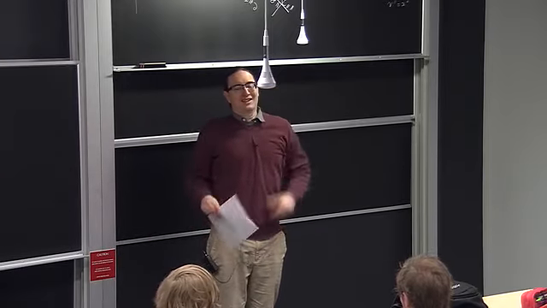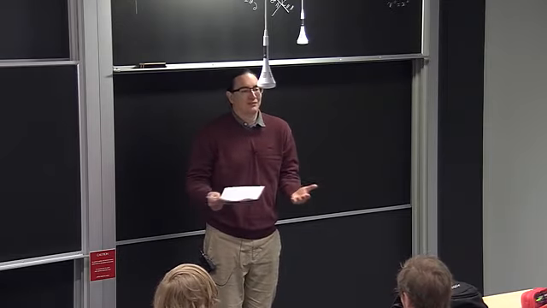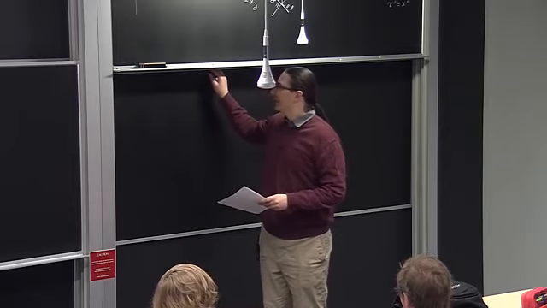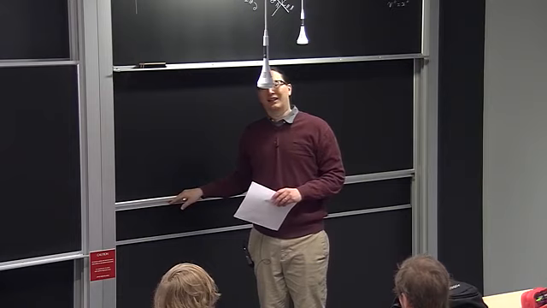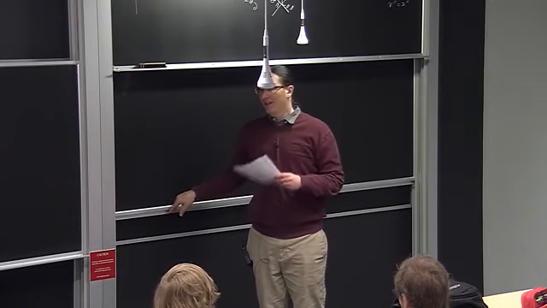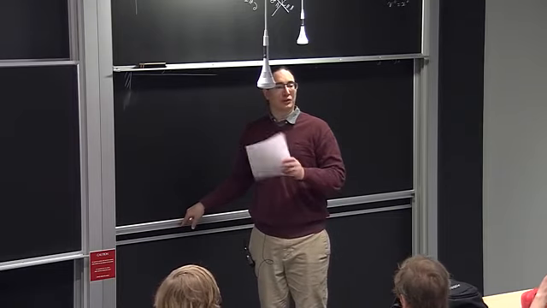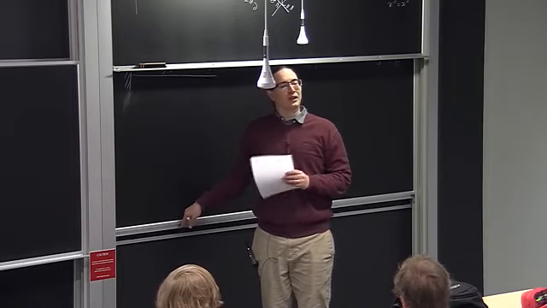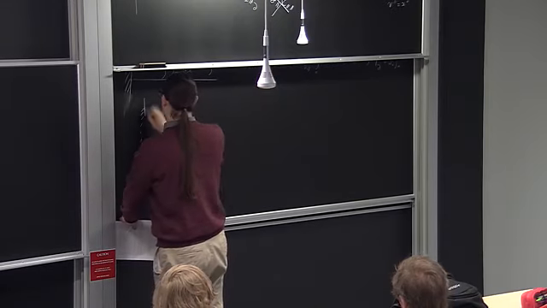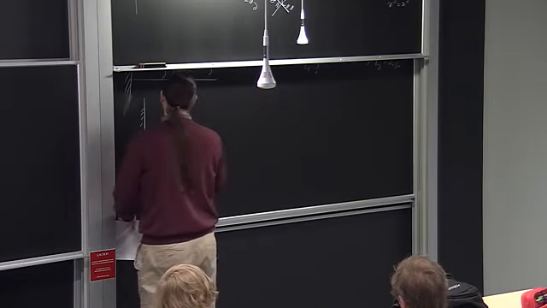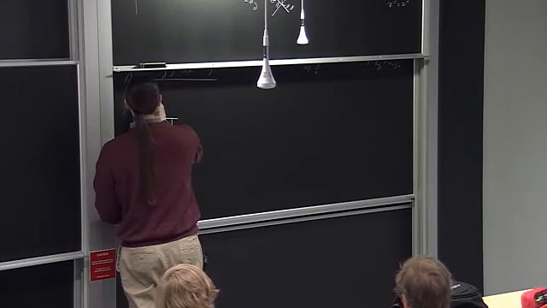Chan-Paton bundle is just another name for some very basic fact about quantum field theory: that you can take direct sums of quantum field theories, you can take direct sums of boundary conditions, there are some interesting operations on quantum field theories or on defects in quantum field theories. So in particular, the following fact is true. Suppose I have some theory T, in two dimensions, and some boundary condition, B1.